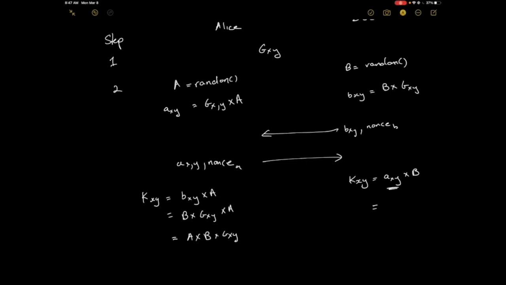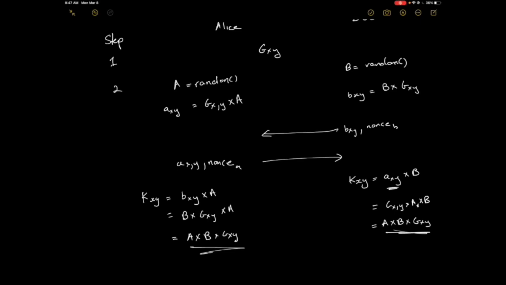And AXY, right, is just GXY times A. So the final result here is just going to be GXY times A times B. And if we write it in the other form, that's A times B times GXY. So both keys are the same points in space.